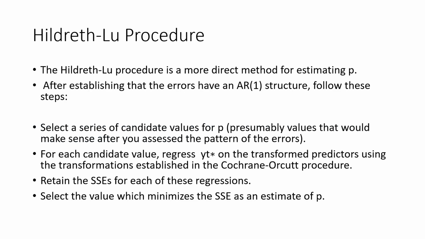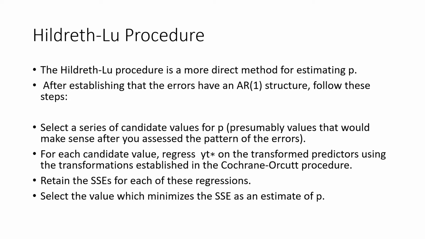Next, you have the Hildreth-Lu procedure. This is considered to be a more direct way of estimating your rho. After identifying that your errors have some AR1 structure, or that your model suffers from autocorrelation, you can go for a set of steps. Select a series of candidate values for your rho.